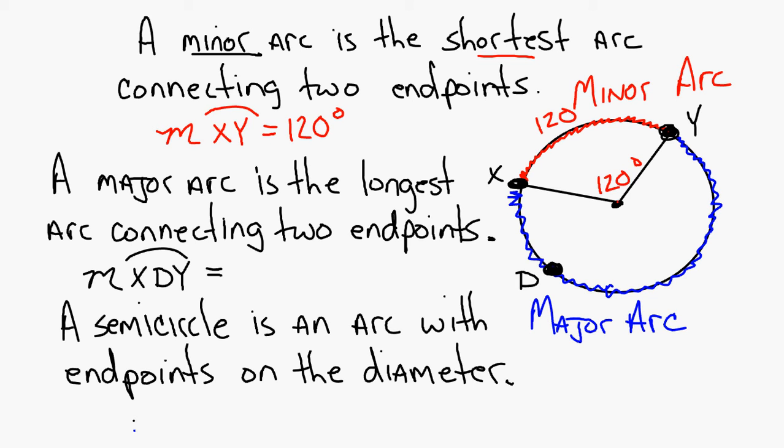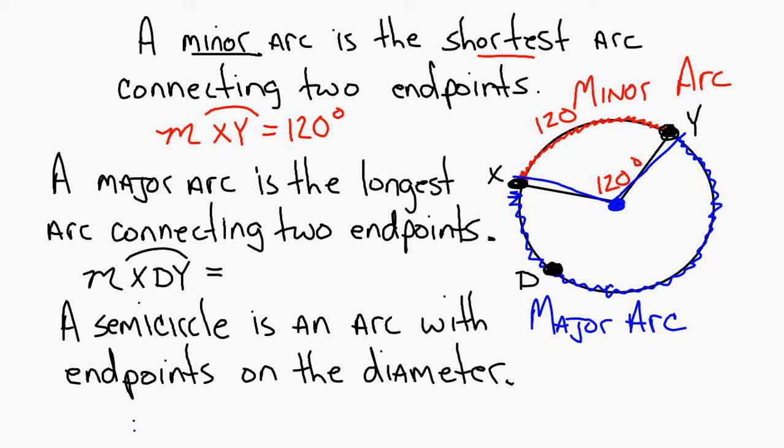If you go back to these 2 central angles, one of these angles is equal to 120 degrees. You've got an angle that starts at the center and ends at X and Y, and it forms this minor arc up top. The other central angle starts in the middle of the circle and ends at X and Y as well.